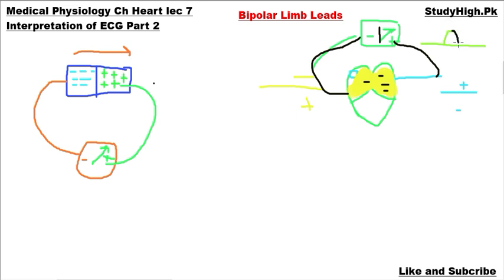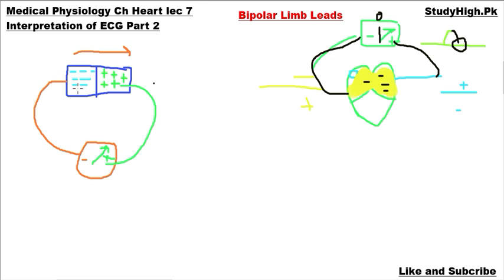Zero potential is recorded when a wave is just touching this horizontal line. It means that all our cardiac muscles are either in polarized form or in depolarized form, so there will be no deflection by our voltage meter, zero value.